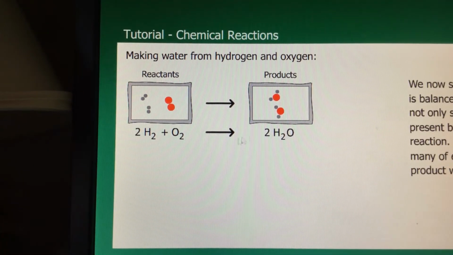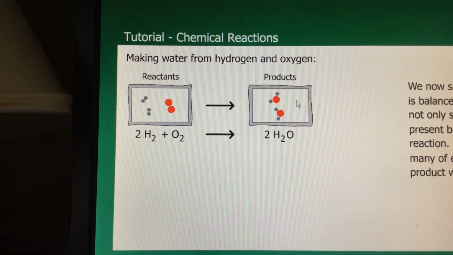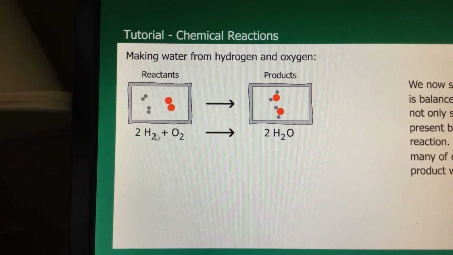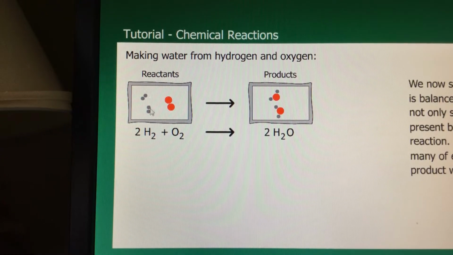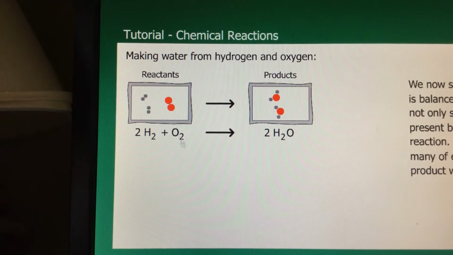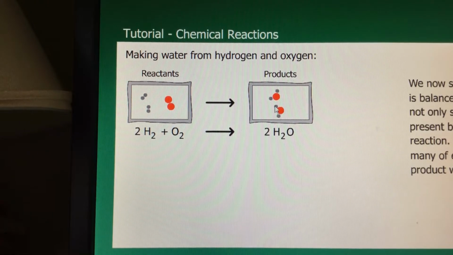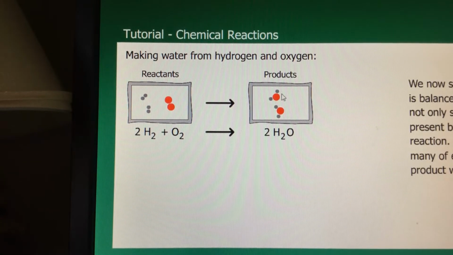So how is this different? Well, we wanted the same amount of elements in the reactants and the same amount of elements in the products. So taking a look at this, we have 4 hydrogen, and you can count them, 1, 2, 3, 4, 2 diatomic molecules, 2 oxygen, 1 diatomic molecule, 2 waters, right? 2 hydrogen and an oxygen, and then another 2 hydrogen and oxygen in a molecule.